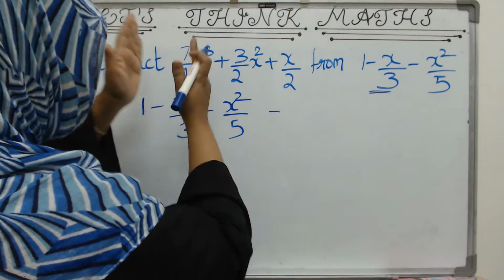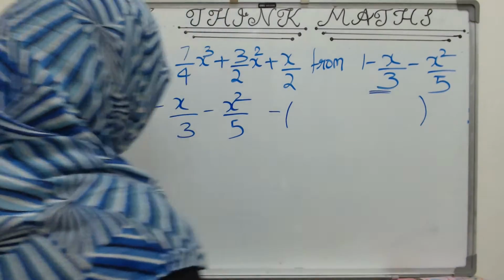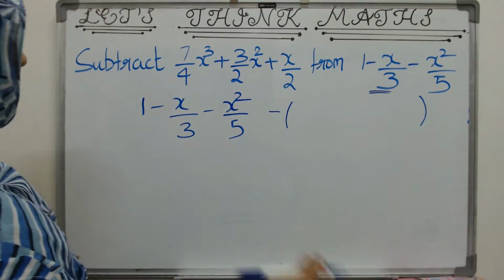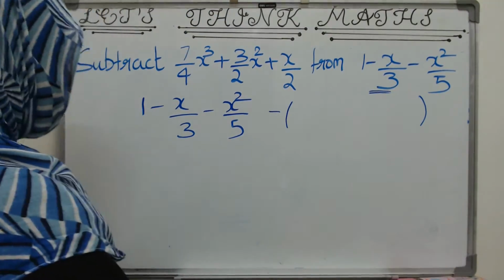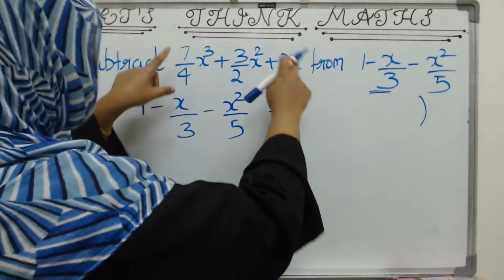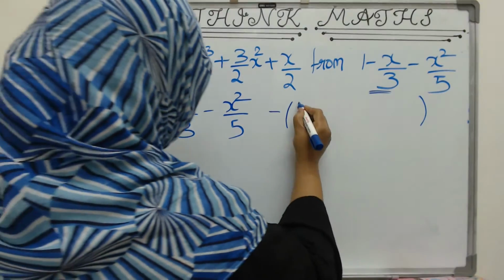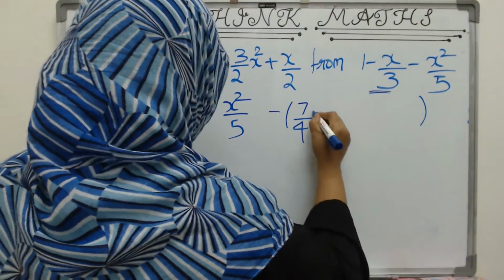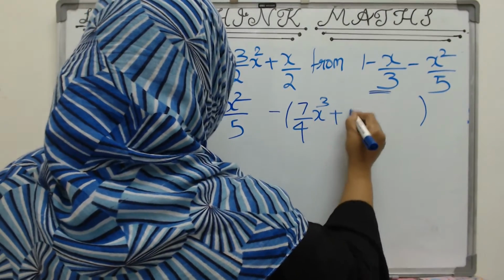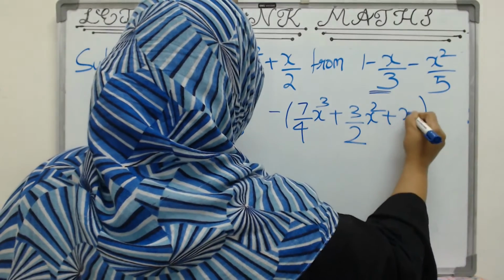Please remember, if it has more than one term, the whole thing should come in brackets, because if you do not put the brackets, your answer will be wrong. I think we discussed it in the earlier video also. So please put this if it has more than one term. We have 3 terms, so put it inside the bracket. So that would be 7 by 4x cube plus 3 by 2x square plus x by 2.